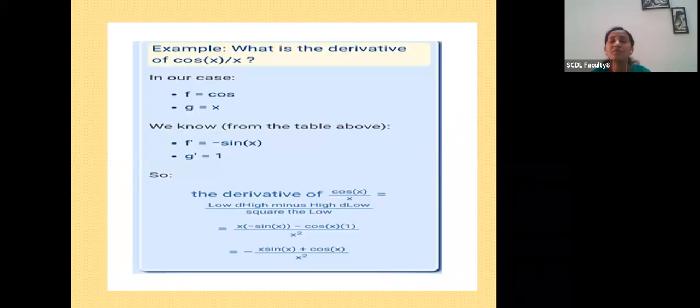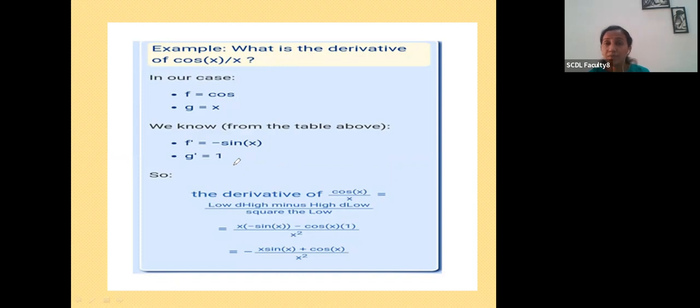So what is the derivative of cos x upon x? Now here we know the derivative of cos x is minus sin x, and the derivative of x is equal to 1. Always keep it in mind: dx by dx is equal to 1, the derivative of x is equal to 1.